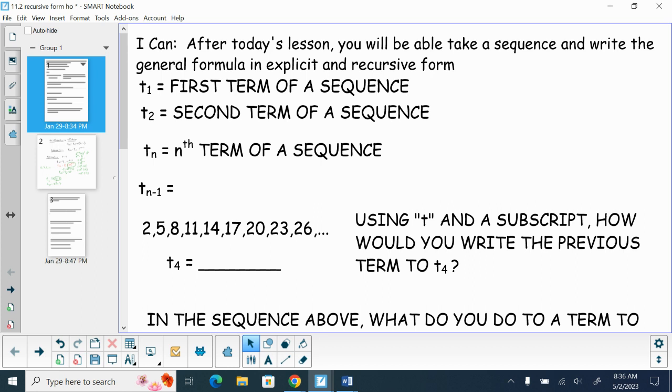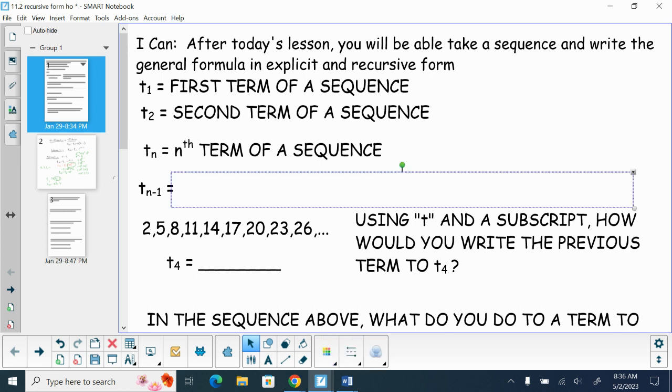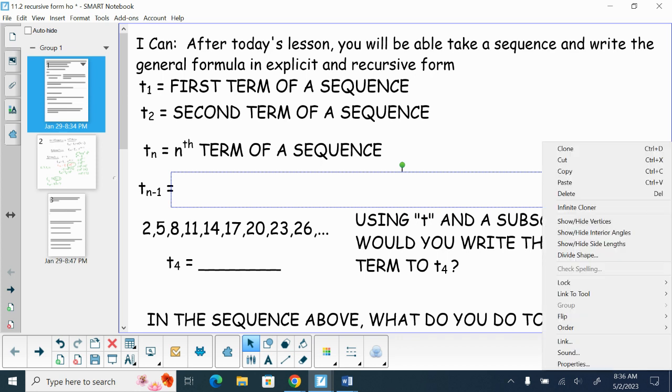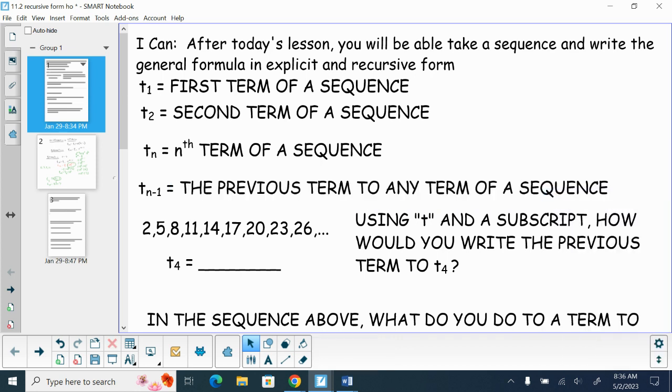But then we have this Tn minus 1. It's the previous term to any term in the sequence. The nth term is some term of the sequence. The Tn minus 1 term is the previous term to that nth term.